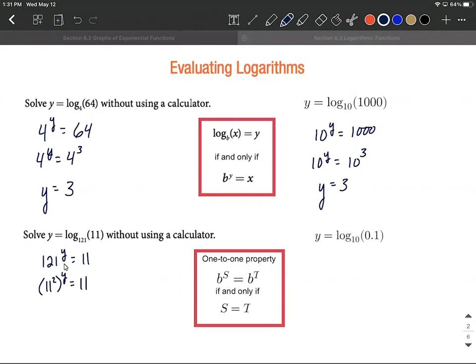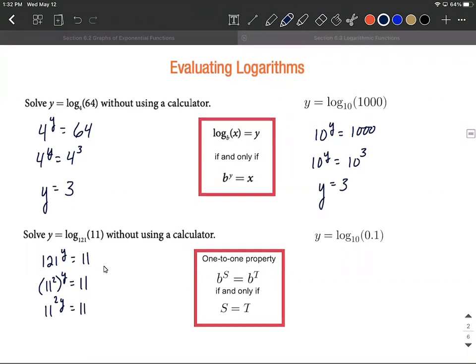So since it was 121 raised to the y power, I replaced 121 with 11 squared, but it's still raised to the y power. Okay, next let's work on combining those exponents together, because we have an exponent attached to the 11 and then y attached to the outside of the parentheses as a further exponent. What we're going to do is multiply these exponents to combine them together.